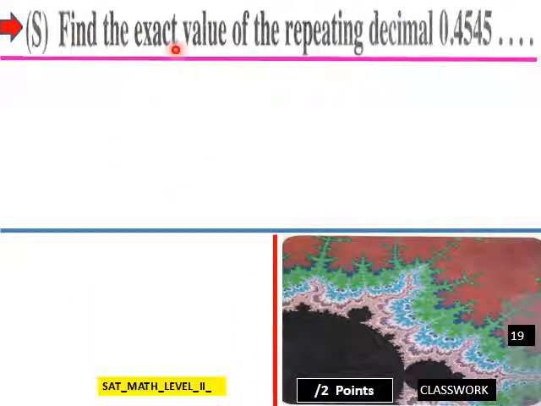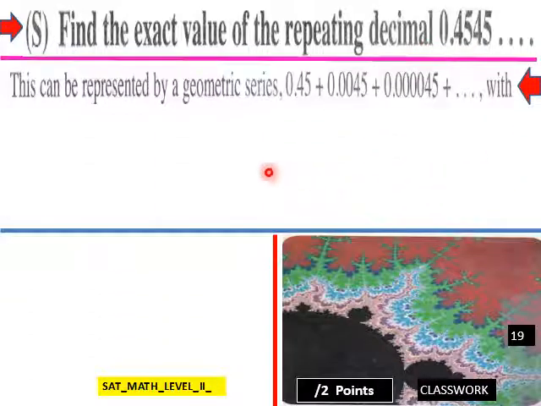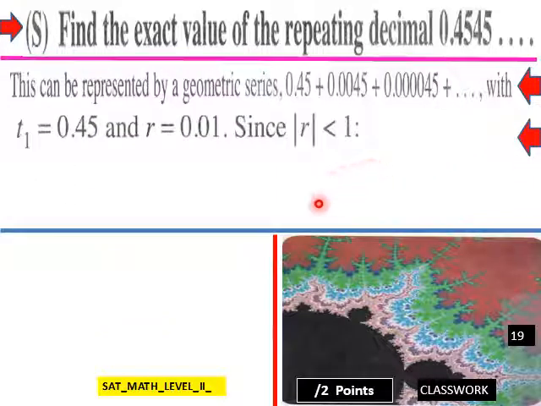And then find the exact value of the repeating decimal 0.4545 and so on. This can be represented by a geometric series of 0.45 plus 0.0045 plus 0.000045 plus and so on, with term 1 equals 0.45 and r equals 0.01.